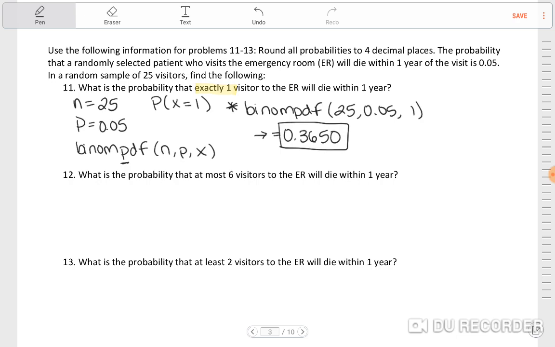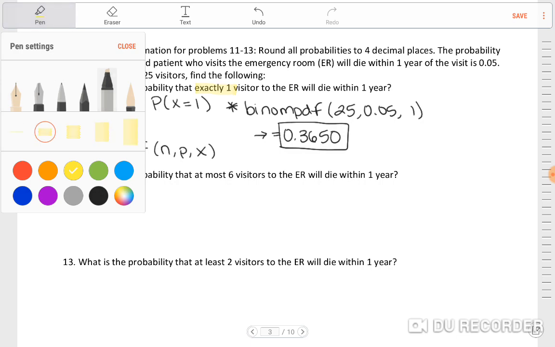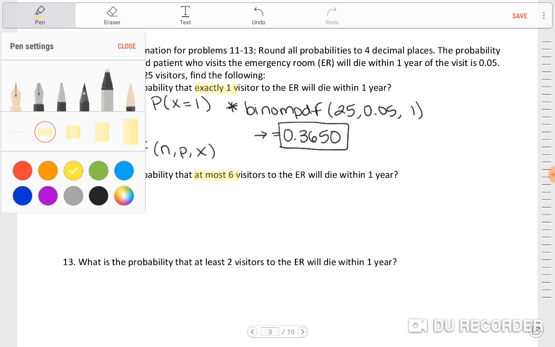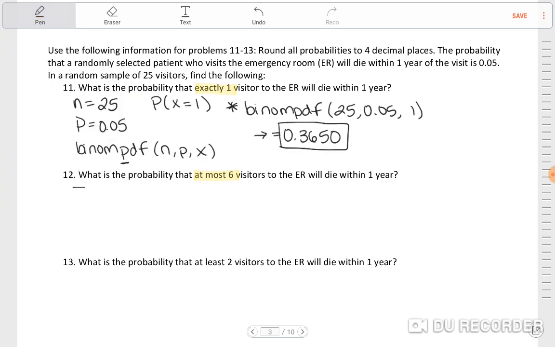Okay, what is the probability that at most 6 visitors to the ER will die within 1 year? So n is still 25, our p is still 0.05. This time we're looking for the probability; at most means 6 or less. So x is less than or equal to 6.